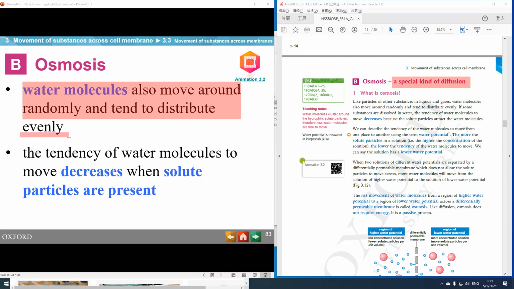They can go everywhere in the area. For example, in a cup of water, water molecules can also move around.